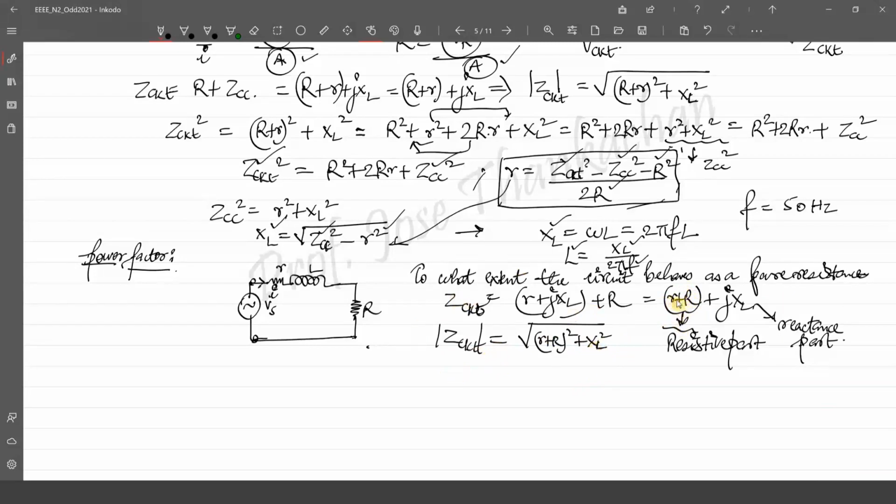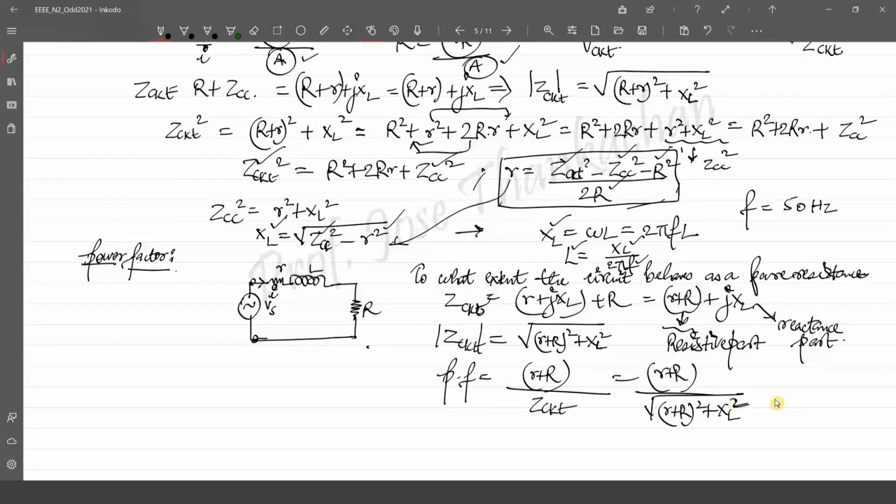Only r plus capital R. So power factor is defined as r plus capital R out of the total impedance Z circuit. In terms of magnitude, this is (r plus R) divided by root of (r plus R) the whole square plus XL square. So this is the power factor of your circuit.